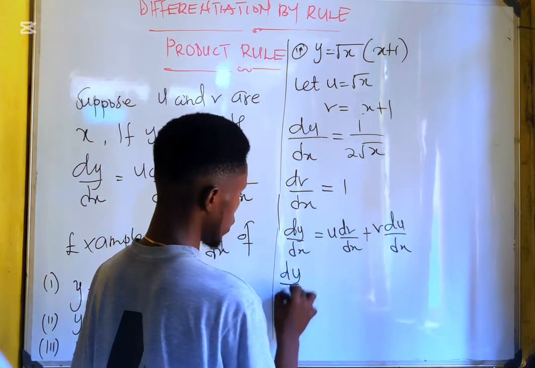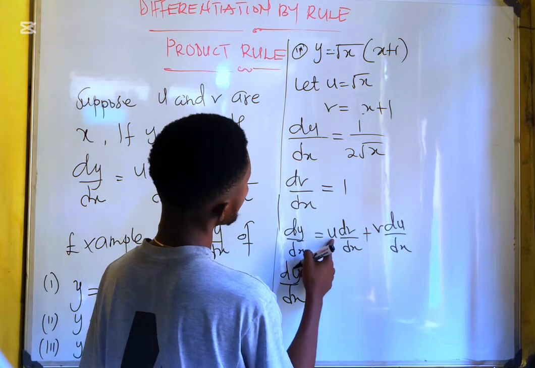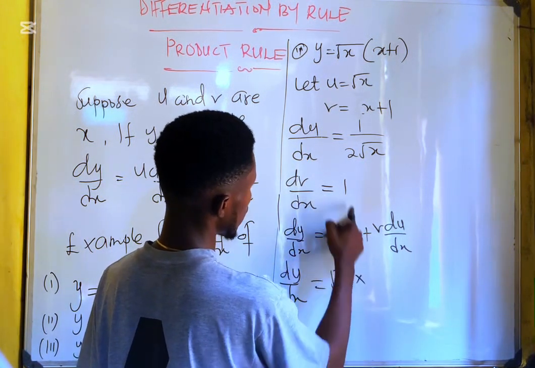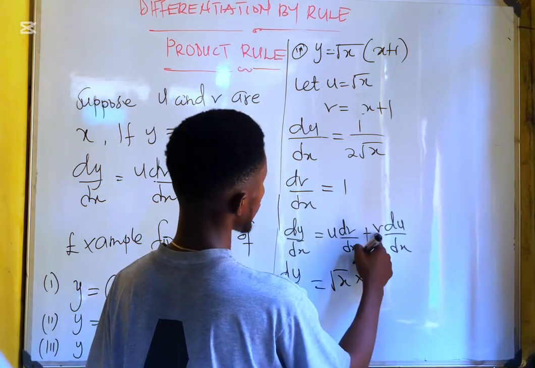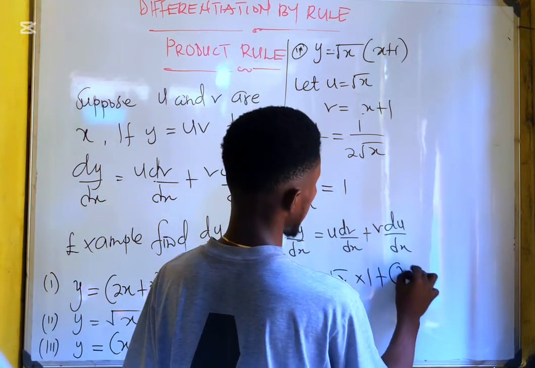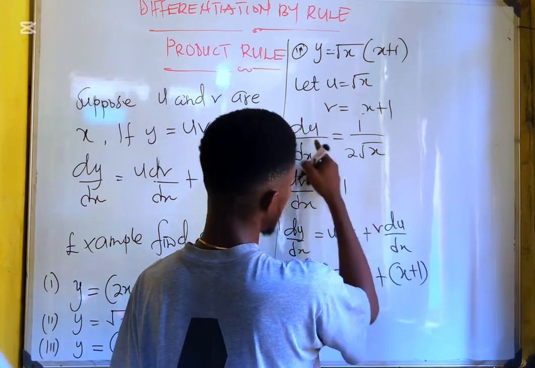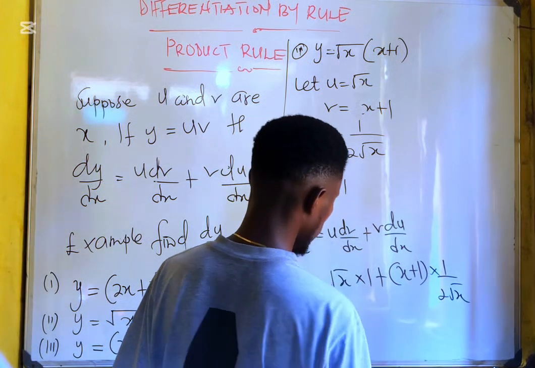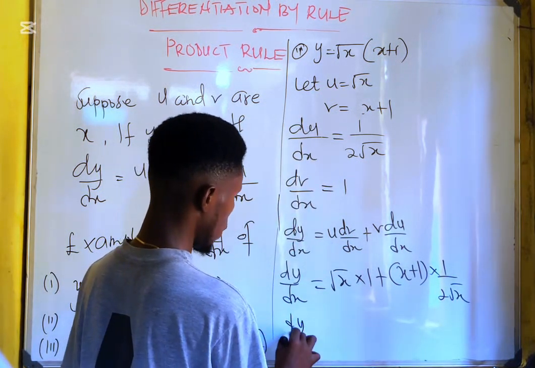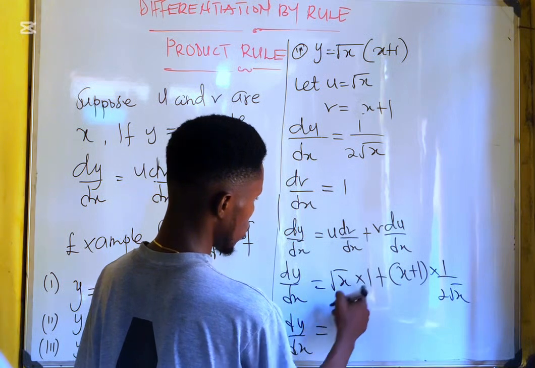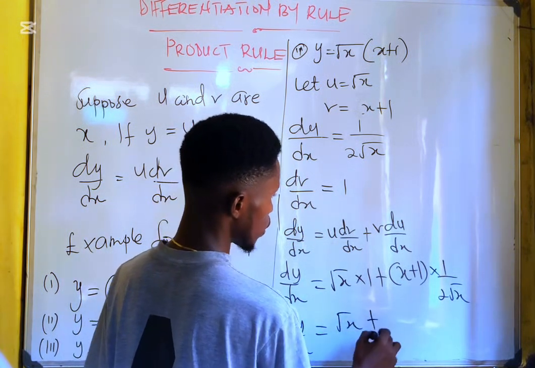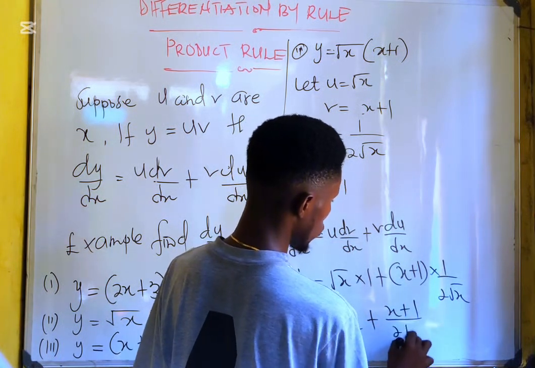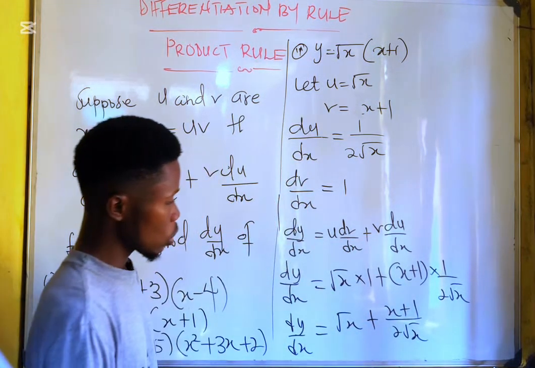So my dy/dx, our u is root x multiplied by dv/dx, which is 1, plus our v, x plus 1, multiplied by du/dx, which is 1 over 2 root x. So in this case, my dy/dx is going to be 1 times root x is root x, and this will give us x plus 1 all divided by 2 root x. Okay. So this becomes our answer.